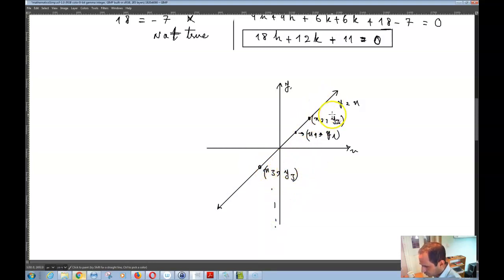Whatever point you take over here, this relationship does exist between these ordered pairs, meaning that if the equation of the line is y is equal to x, then at this point you can conclude that y2 is equal to x2. At this point y1 is equal to x1. At this point y3 is equal to x3, and so on and so forth, all the way to y of n is equal to x of n.